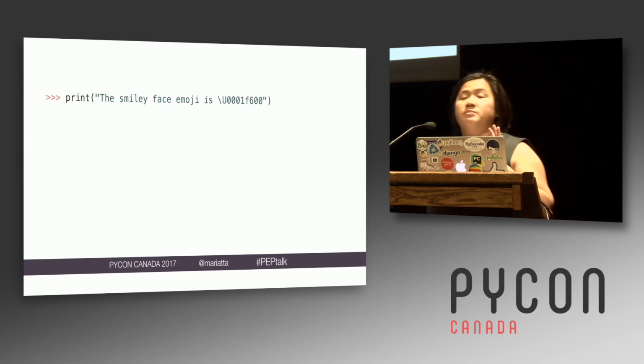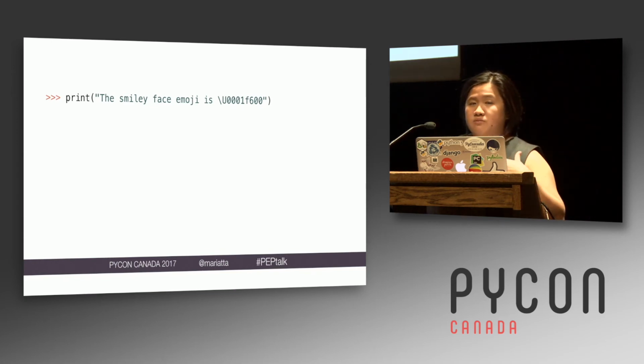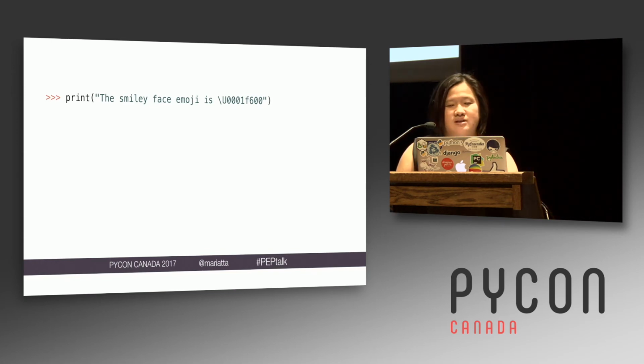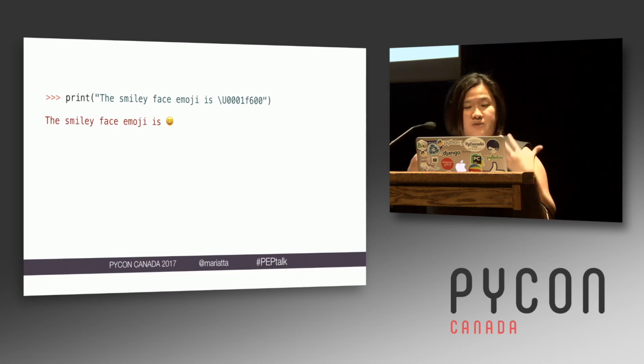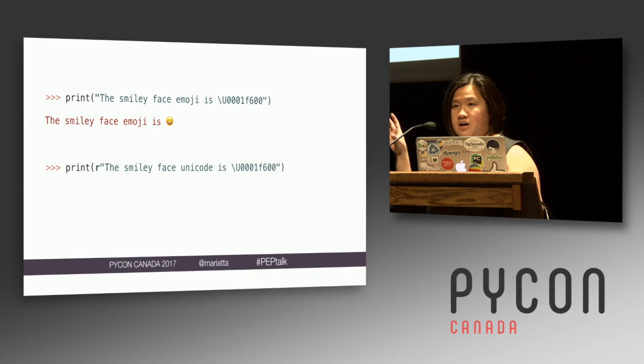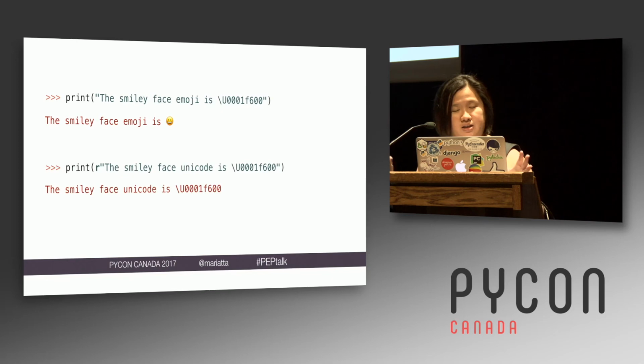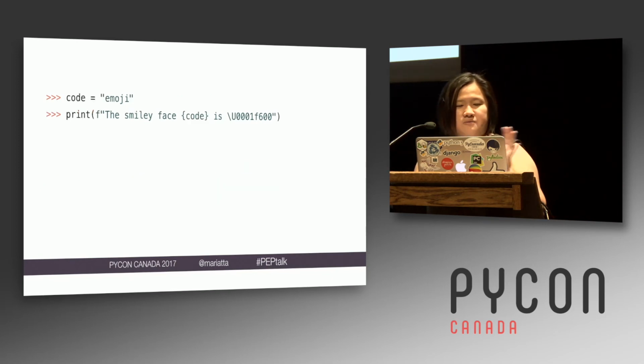If you're not familiar with raw strings, here's a little refresher. In Python, the backslash is considered the escape character. For example, if you want to type in a new line, you will do \n. Here's another example. You have code like this, \u, blah, blah, blah. It will print out a smiley face emoji, but maybe you don't really want to print that out. So you put an r in front, it becomes a raw string, so there will be no escape processing, things just printed as is. With f-strings, it's the same.